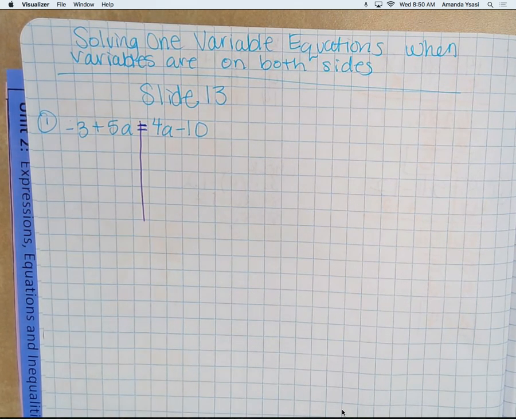So I always want to move the smaller variable to the other side. That's with equations. Anthony, will you shut my door for me?